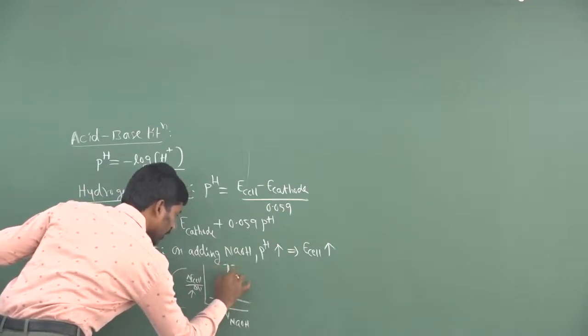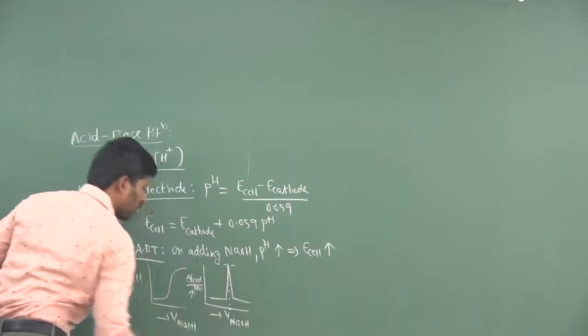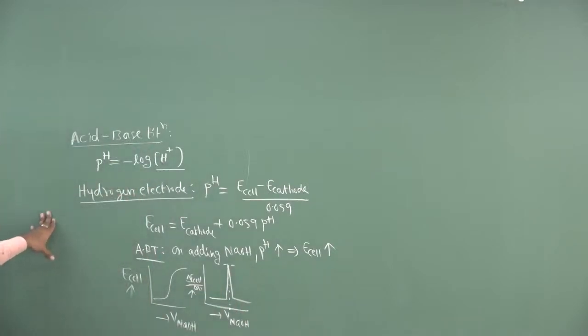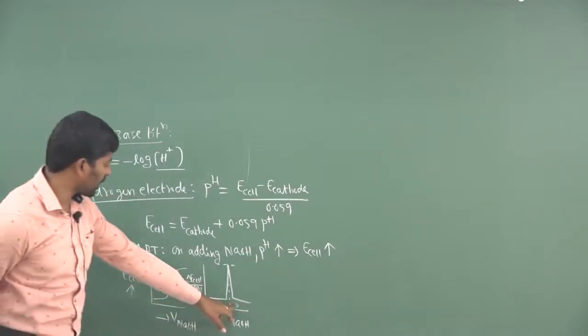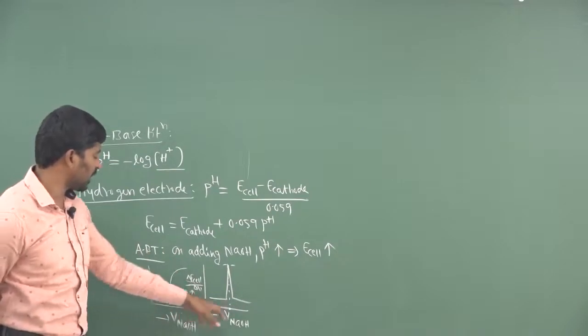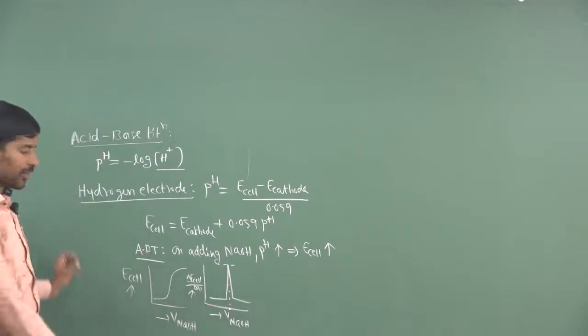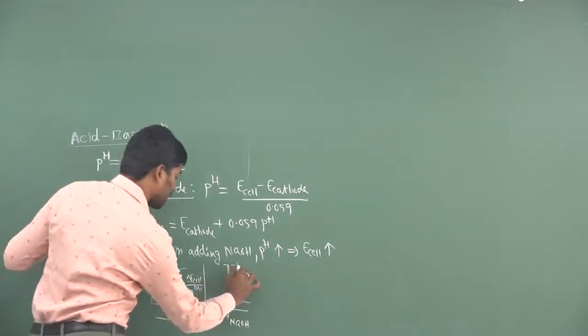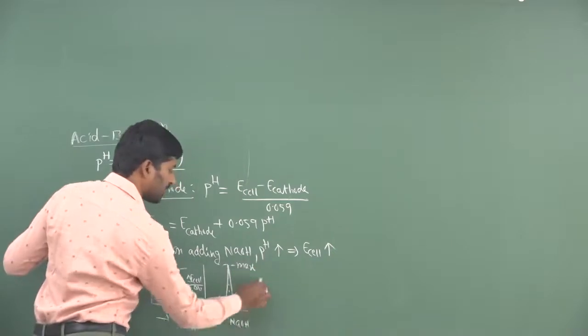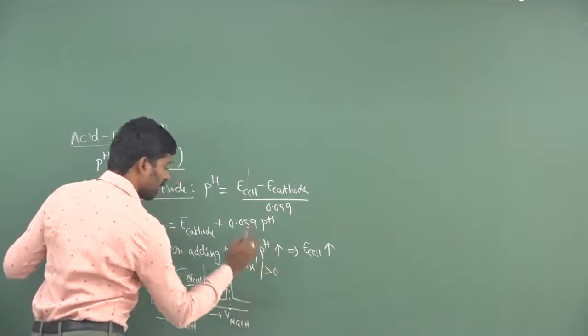So from peak we have to take a straight line towards volume axis, that gives end point. So end point is got clearly by taking delta E cell by delta V versus volume of NaOH. At end point, delta E cell by delta V value is maximum.